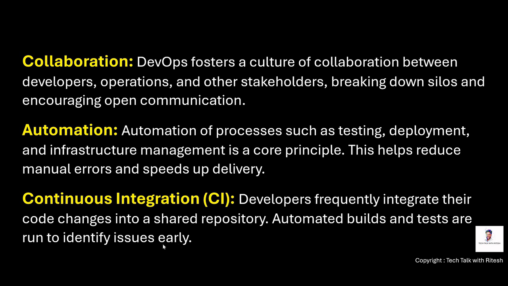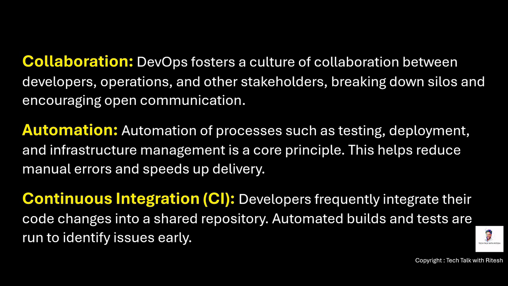Continuous integration. Developers frequently integrate their code changes into a shared repository. Automated builds and tests are run to identify issues early. Now consider a scenario. We have different teams, a common repository, and different teams are working on different features. And if we do not have automated build or automated test, what will happen?